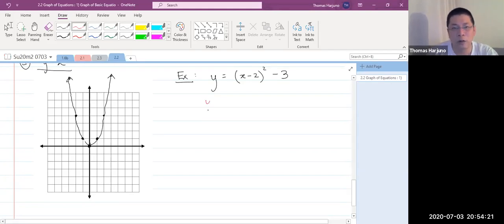Notice that we start from y equals x squared, and then you move 2 units to the right, it becomes y equals (x minus 2) squared. Remember, when we replace the x by x minus 2, you move 2 units to the right. And then when you subtract 3, it will move down by 3 units.